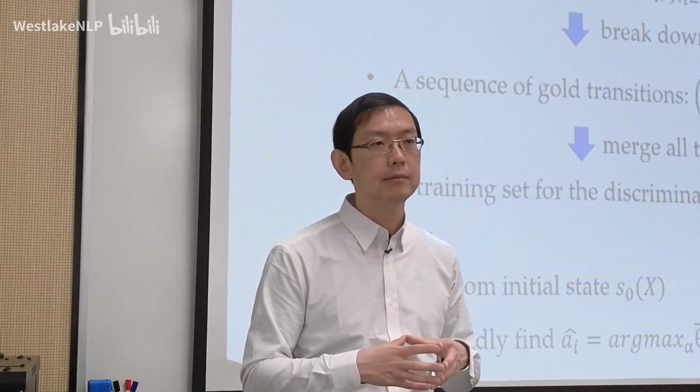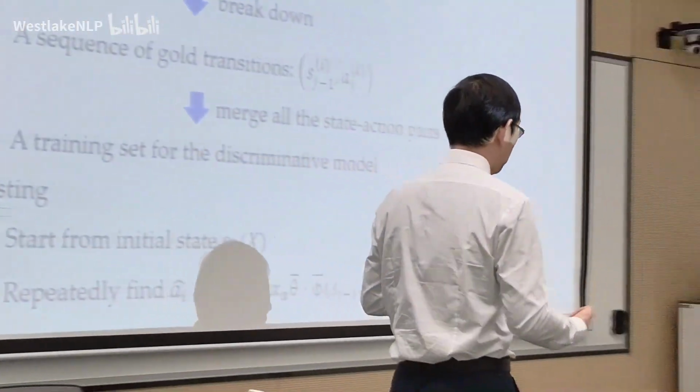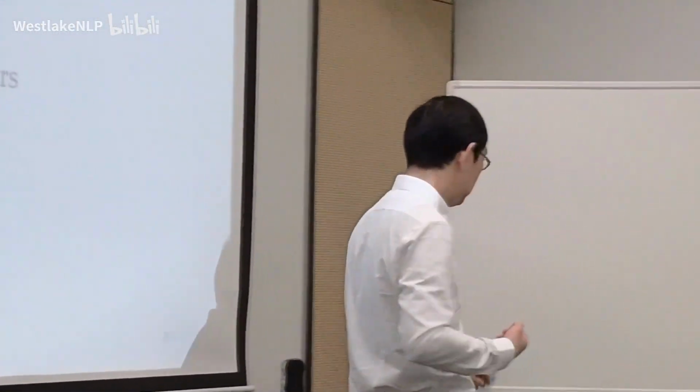How do we do testing? Suppose that we have a set of gold training examples, and we train a classifier on these examples, right? So the classifier can be perceptron, SVM, log linear model, whatsoever. We have learned so many discriminative models, right?